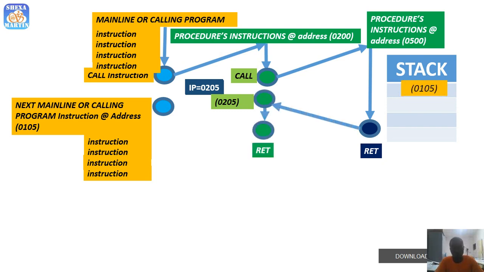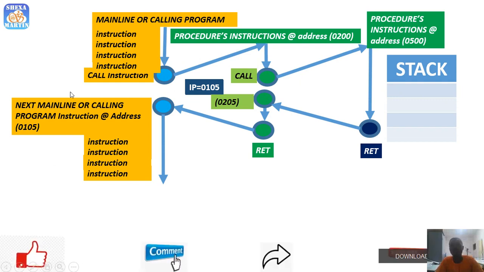And then when we call return of this procedure now, we get our IP populated with 0105, which is the address of this instruction, and then we execute it. Our stack is now left with nothing.